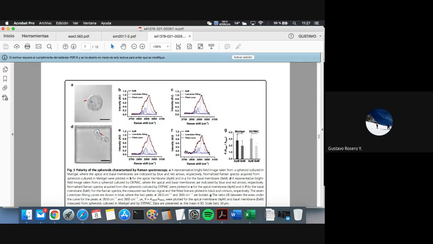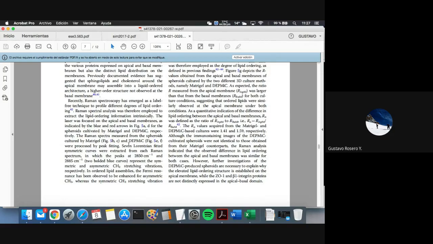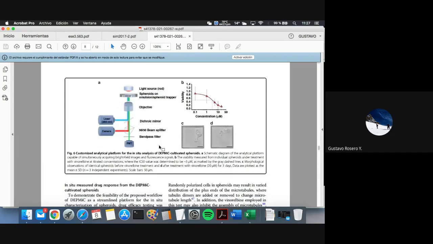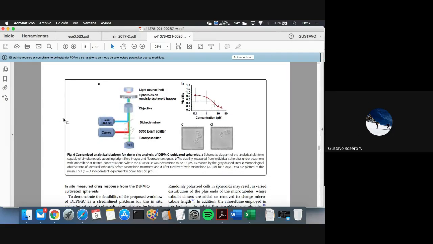They don't find what is the polarity of this, and then with this they perform another experiment in order to see what happened with this culture, and they use the same schedule. After 3 days, they interrupt the spheroids.